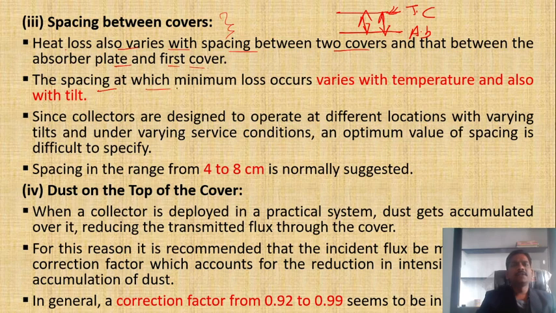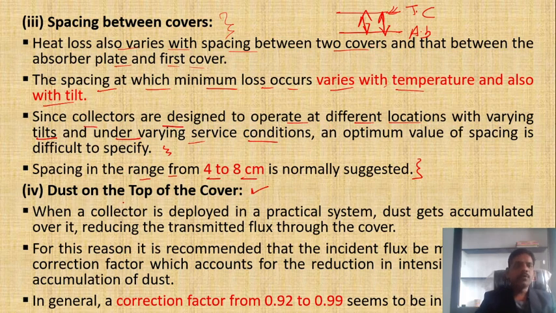Okay, the spacing at which minimum loss occurs varies with the temperature and also with the tilt. So since collectors are designed to operate at different locations with varying tilts under varying service conditions, an optimum value of spacing is difficult to specify. The spacing range of 4 to 8 centimeter is normally suggested. मतलब ये ट्रांसपेरेंट कवर और ऑब्जर्वर प्लेट के बीच में कितनी गैप होनी चाहिए, 4 to 8 सेंटीमीटर की.